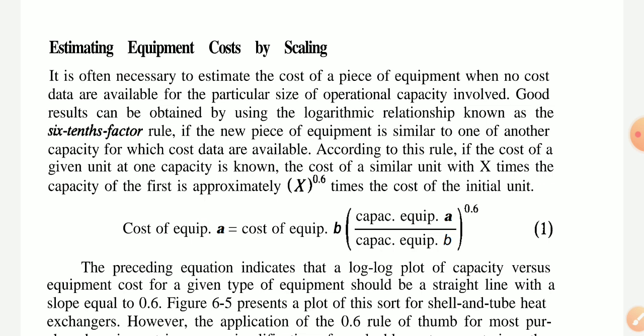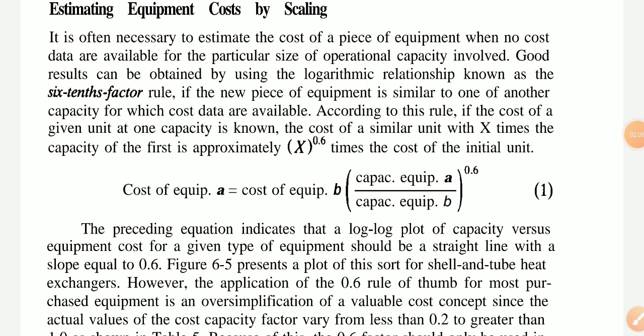A good result can be obtained by using the logarithmic relationship known as the six-tenths factor rule, if the new piece of equipment is similar to one of another capacity for which cost data are available.